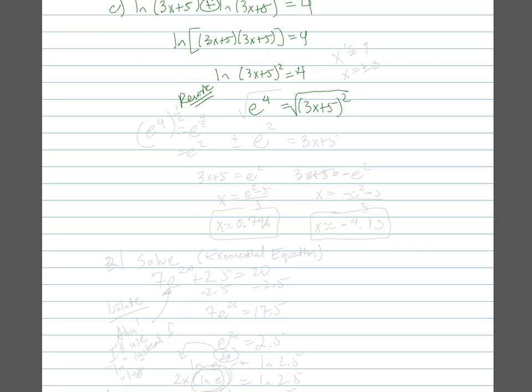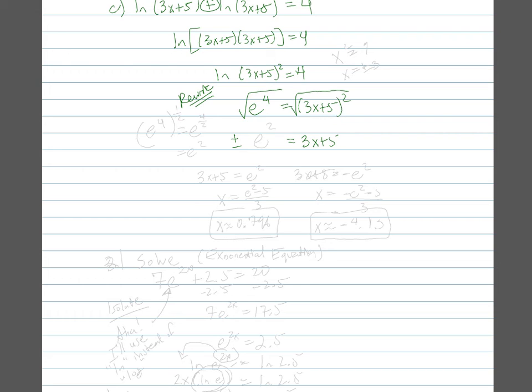Okay, so now that we got this squared, we're going to undo it with a square root. So we're going to square root this, and we get 3x plus 5 equals, remember when you square root both sides, you have to add plus or minus.